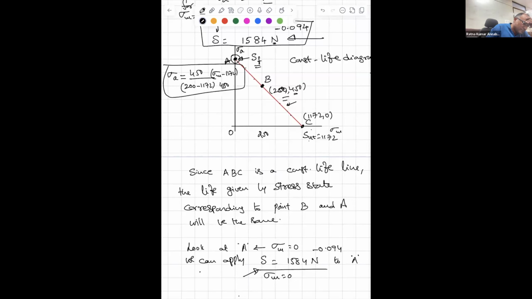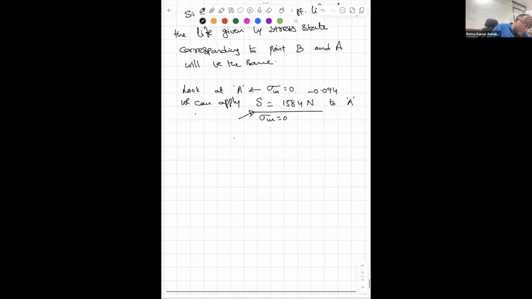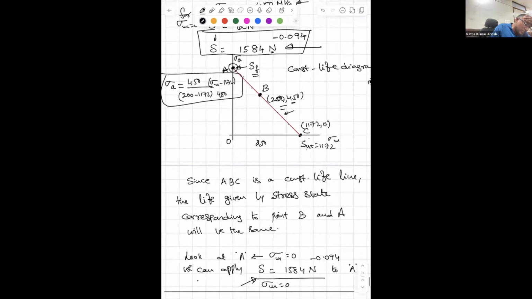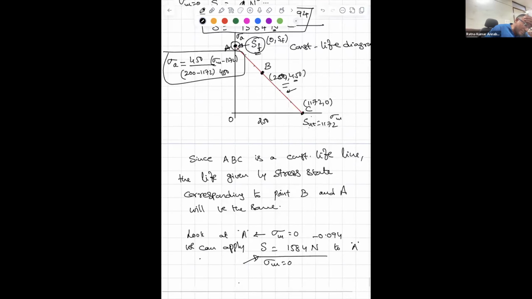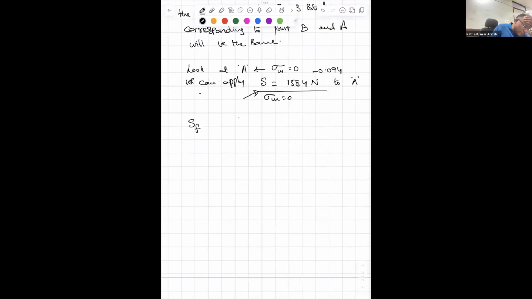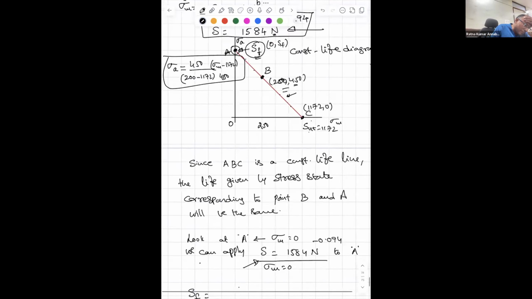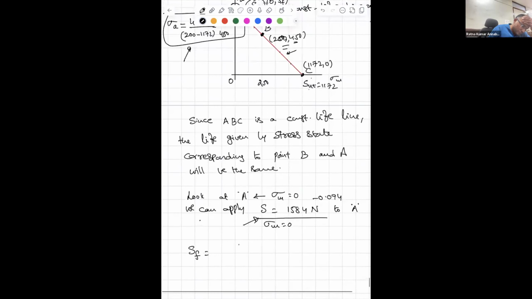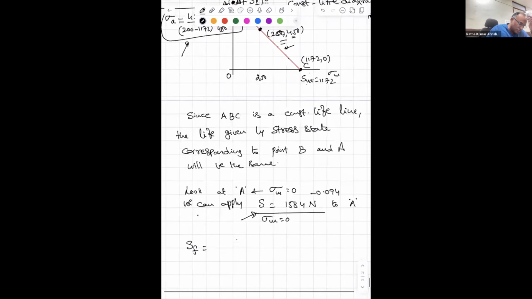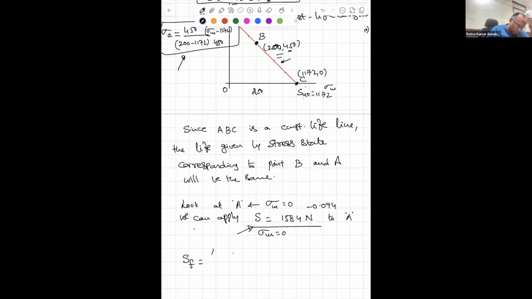That is the equation of that line. Now if I plug in this point, what is this point? 0 comma SF, right? Sigma m is 0, sigma a is SF. So SF is equal to, basically I am plugging into this equation, 450 divided by minus 972, into sigma m, which is 0, minus 1172.